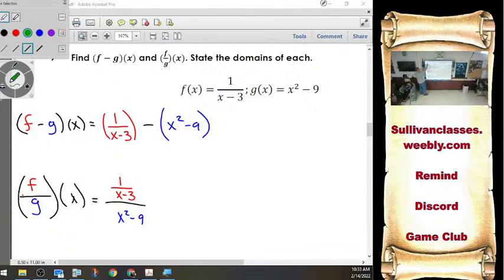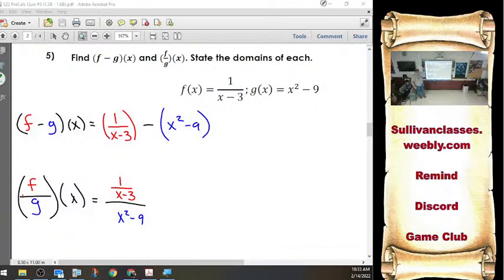Okay. Round one. Distribute my negative. Put it in the correct order. Negative x squared plus 9 plus 1 over x minus 3.